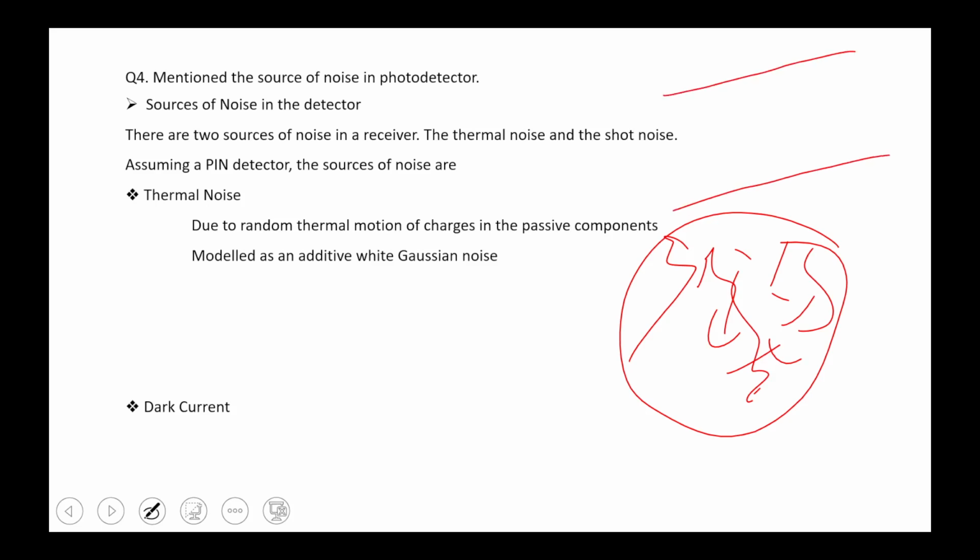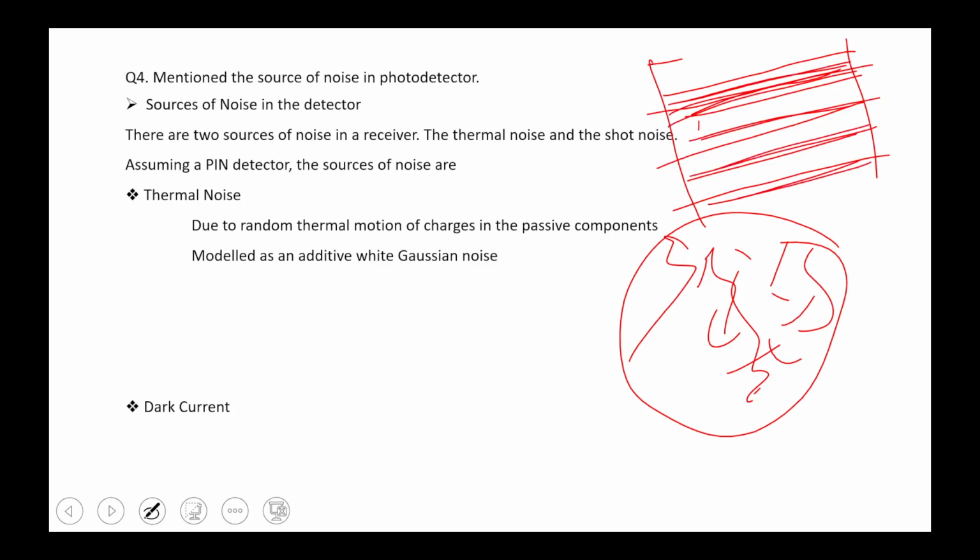Like I asked about the spectrum of white noise, how can you explain that white noise in the graph? So it will cover all this area, the whole area like that. White noise spectrum is like that.